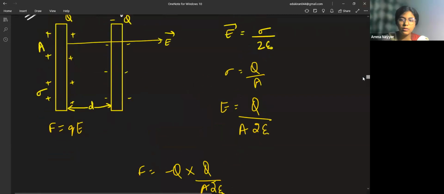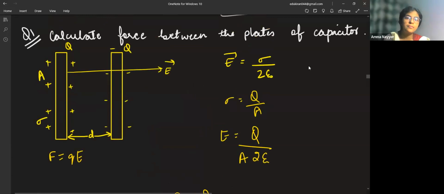Fine, note down this. Can you once again explain how we took minus Q? See, two plates are there. From one plate, force is exerted. Suppose force is being generated on this charge, so an electric field is being generated by this plate.